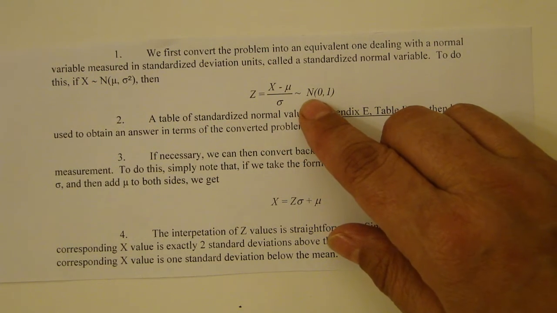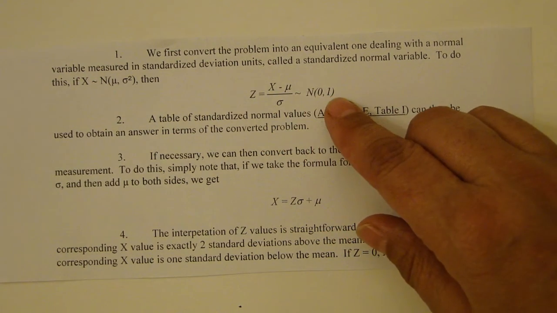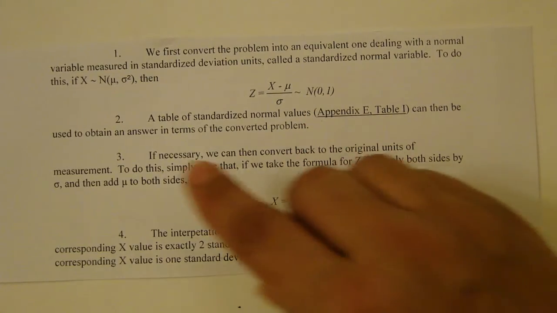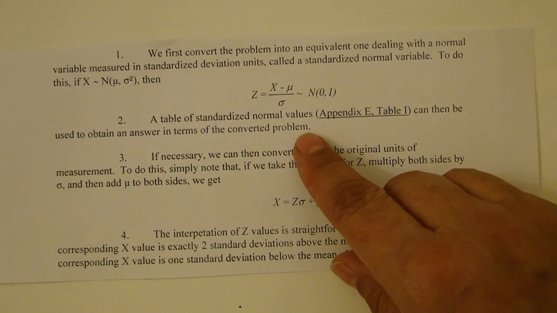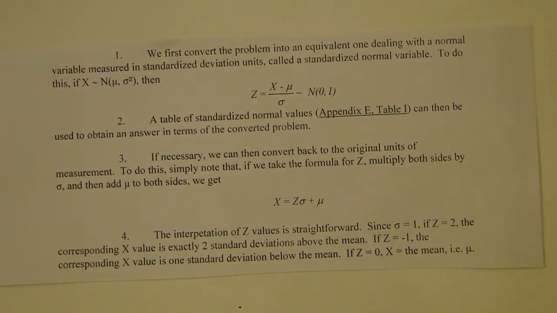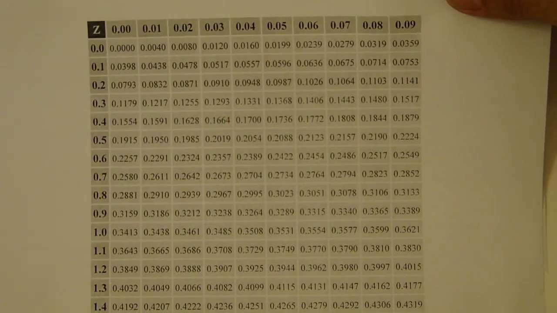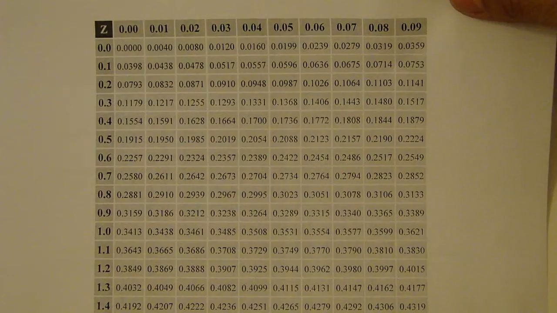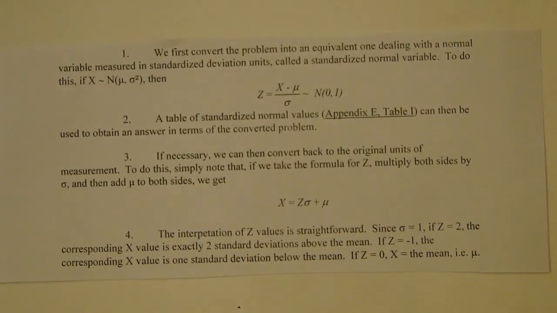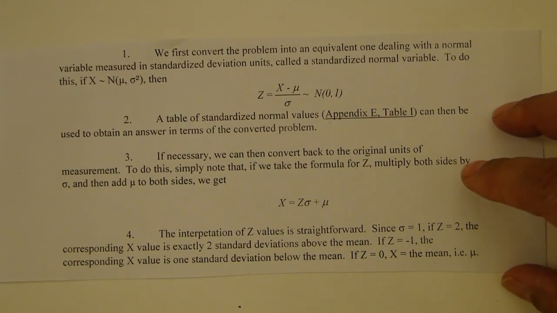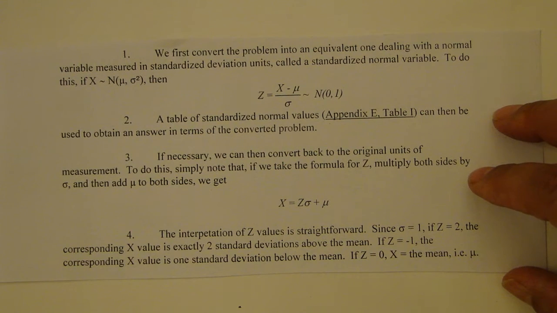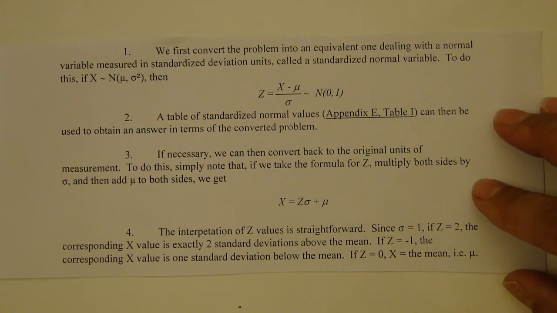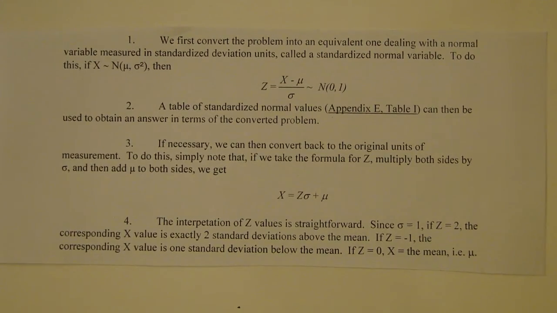We use a table of standard normal variables, which is the table of the z values. Remember, if necessary, we can then convert back to the original units. Let us take an example for that.